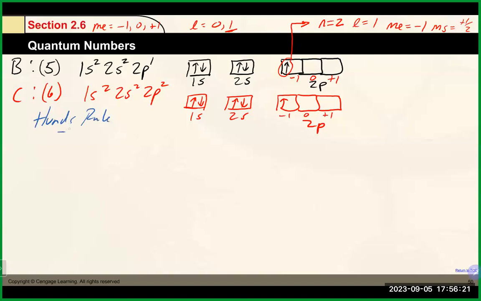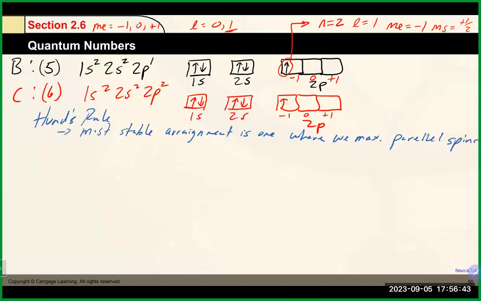And Hund's rule basically says that the most stable arrangement is one where we maximize parallel spins. So earlier we saw that if we put the spins in the same box going in opposite directions, which is paired spin, that would not maximize parallel spins.